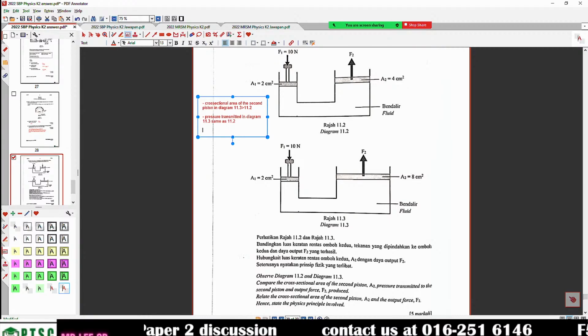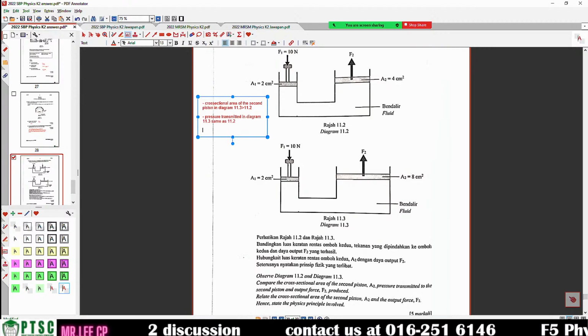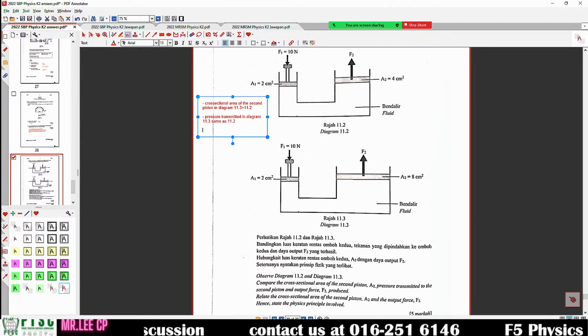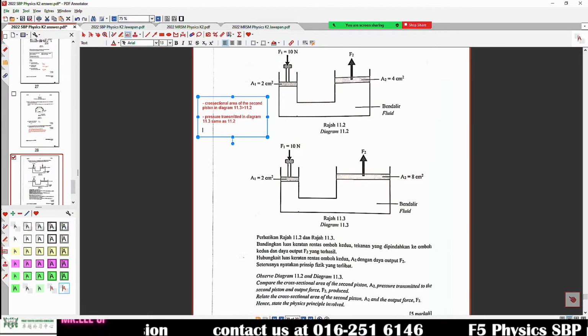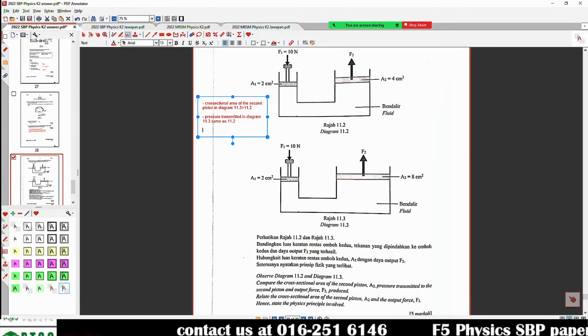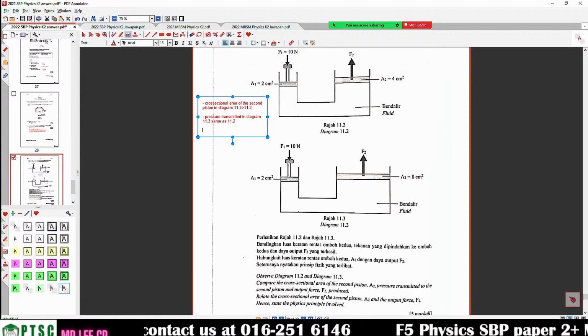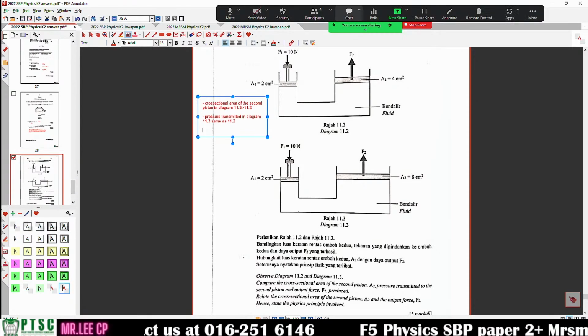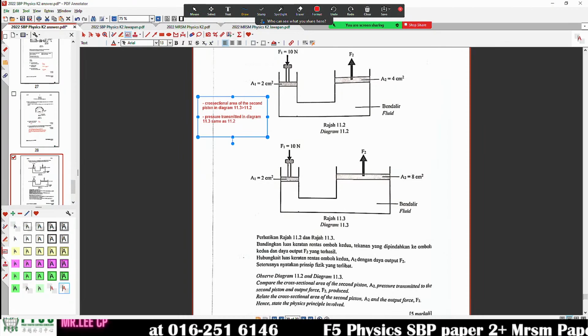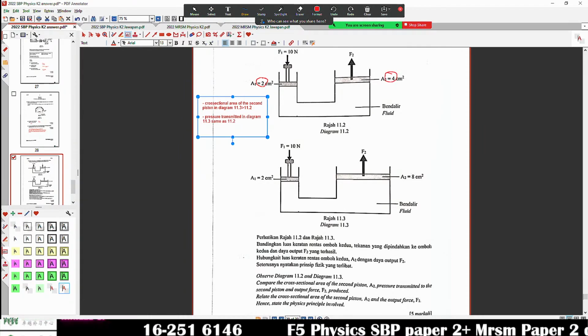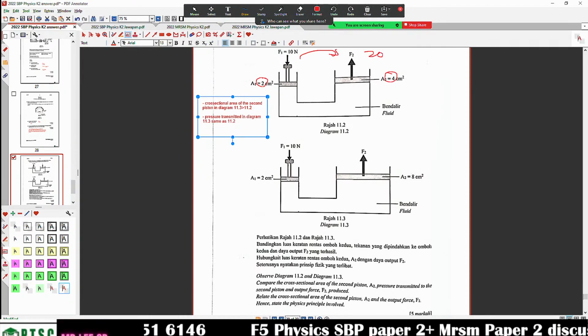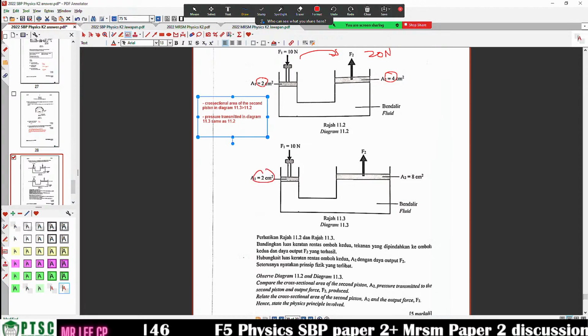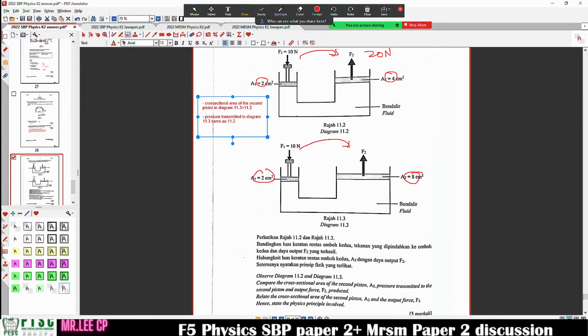Next one, the third mark is to compare the output force for the first one and the second one. If you calculate it, you can go and calculate. This one 2, this one 4, double up. This one is 20 Newton. This one 2, this one 8, times 4, so this one is 40 Newton.